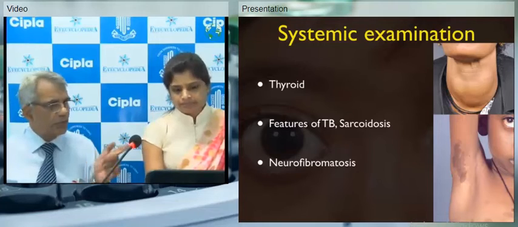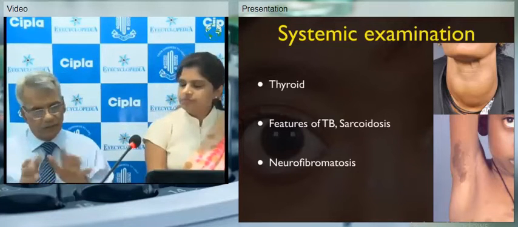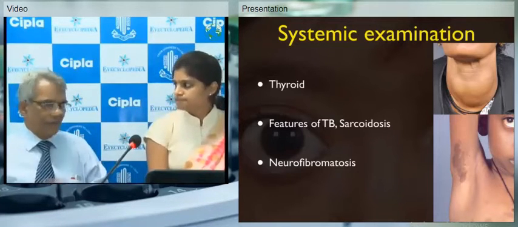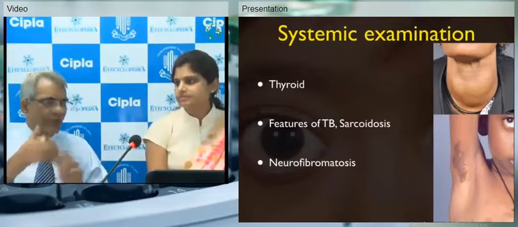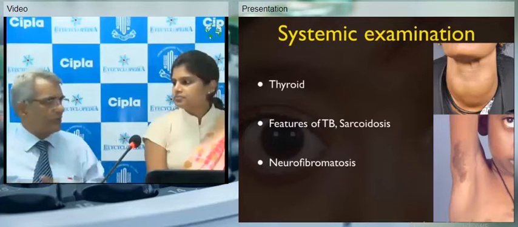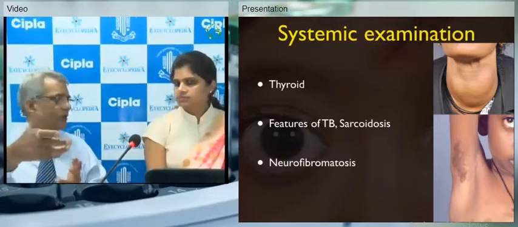One point I wanted to ask: you said that if it is abaxial, the corneal apex will not be in the same line. In that case, will you take the measurement from the corneal apex or from the anterior-most part of the eyeball?